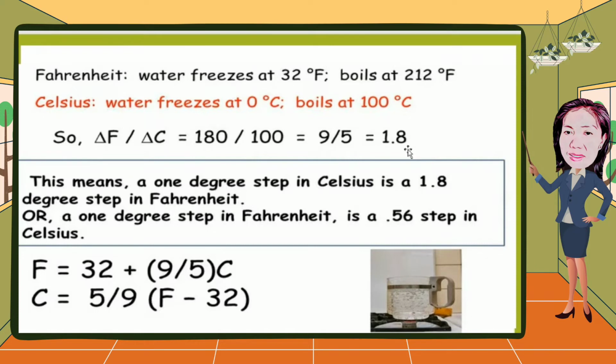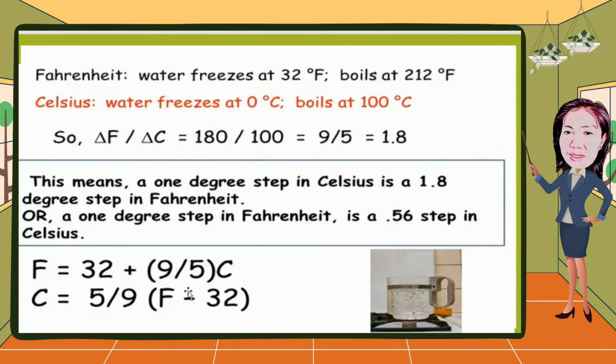This means that a 1 degree step in Celsius is a 1.8 degree step in Fahrenheit, or a 1 degree step in Fahrenheit is 0.56 step in Celsius.